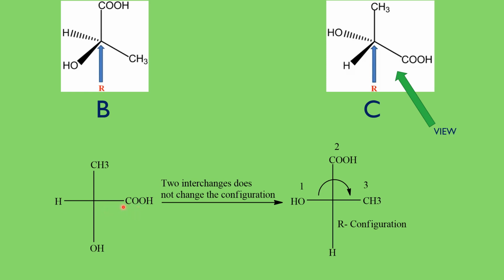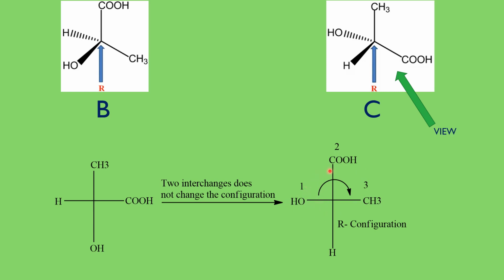Now let me do two interchanges in this Fischer projection. Let me interchange this methyl to this place and COOH to the top, and the hydrogen and OH. So that also I have interchanged. So after two interchanges, now you assign the configuration. The priority numbers for OH is 1, COOH is 2, methyl is 3.